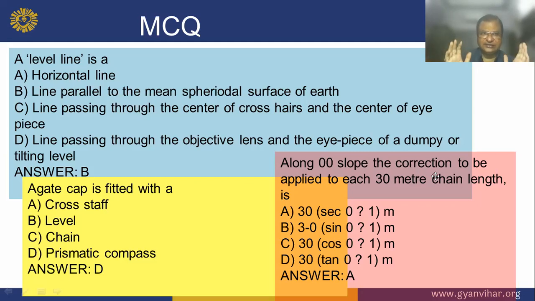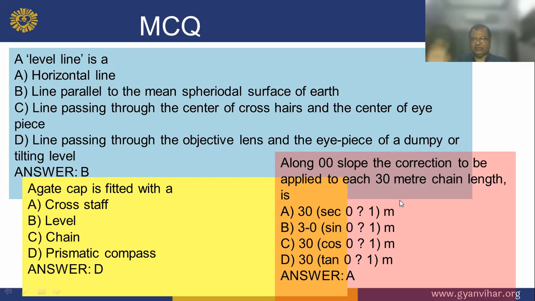A level line is a horizontal, parallel line, which is correct? And the correct answer is B, a line parallel to the mean spherical surface of the Earth. Now, a gate top cap is fitted with the, and what is the correct answer? Correct answer is D, prismatic compass.